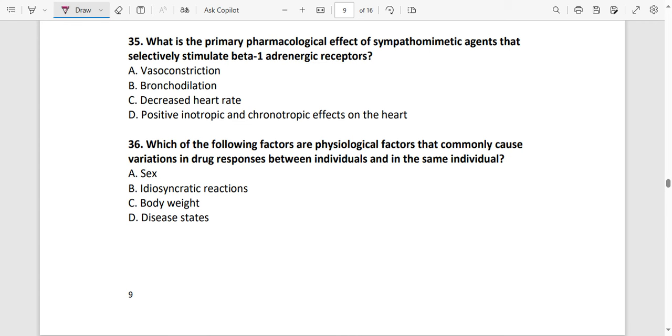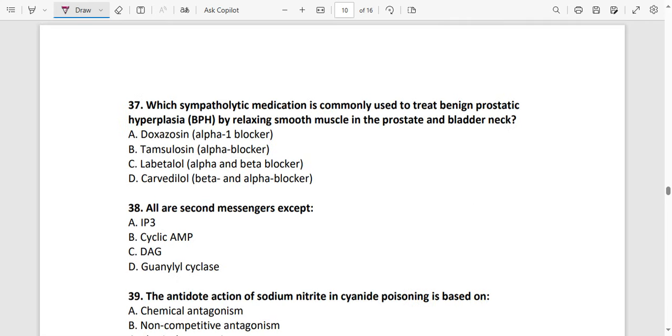Remember, we said for the factors that modify drug effect, here we're talking about physiological things. Sex is physiological, idiosyncratic reaction is physiological, body weight is physiological, but the disease state is not physiological. But since we are talking about between individuals and the same individual, this is basically body weight, because sex is going to be just within the same individual.